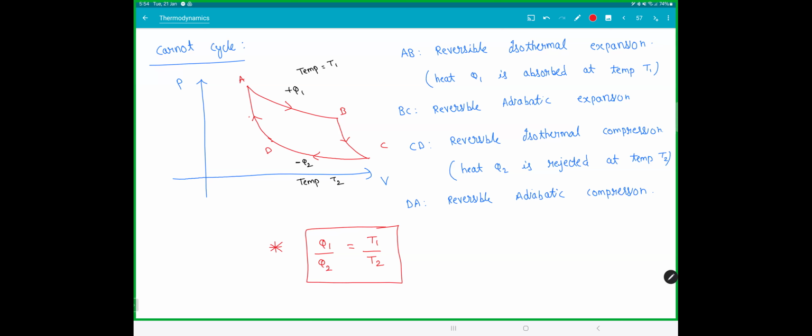Again, we're not doing the proof. The result is more important. Clear? So anything that follows these four processes, we call it a Carnot cycle.